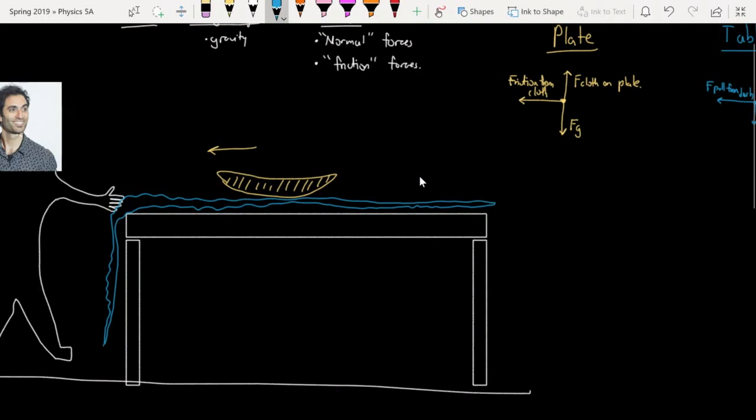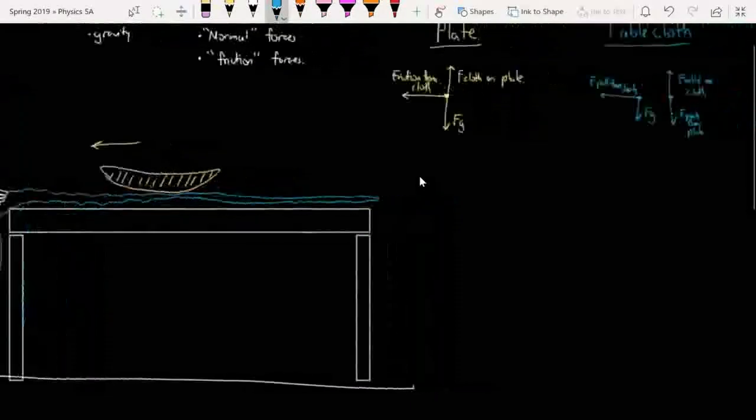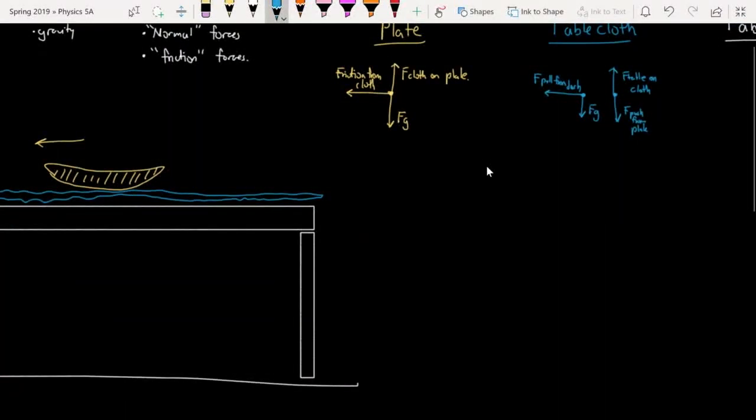Would that be easier or harder than if it was sandwiched between these two things? Well, it would obviously be easier, right? If you were just pulling it without anything touching it, it would be easier. So why is it harder? Well, the reason is because we have some force going to the right that's opposing this pulling force, right? Let's make them smaller just to keep it in scale.